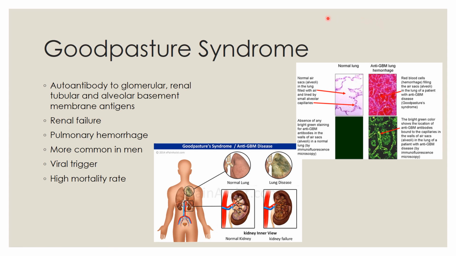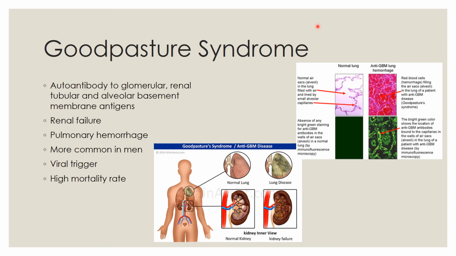And then we have Goodpasture syndrome. And this, of course, you've heard of before. This is a kidney and lung issue where the patient has an autoantibody against glomerular, renal tubular, and alveolar basement membrane antigens. Okay, so it results in damage primarily.